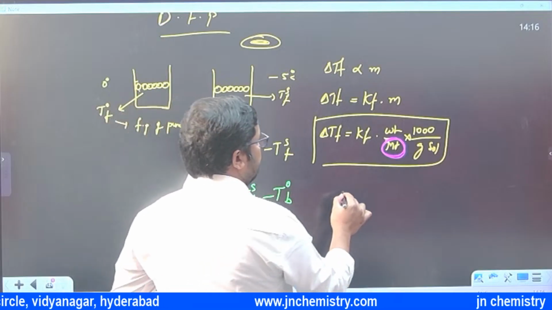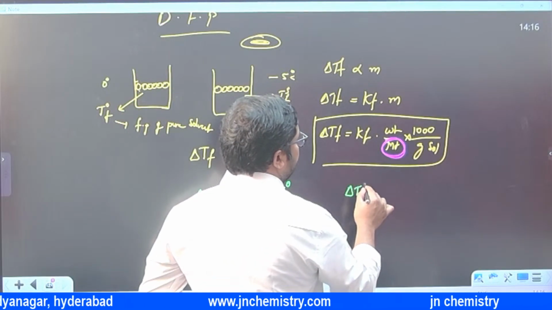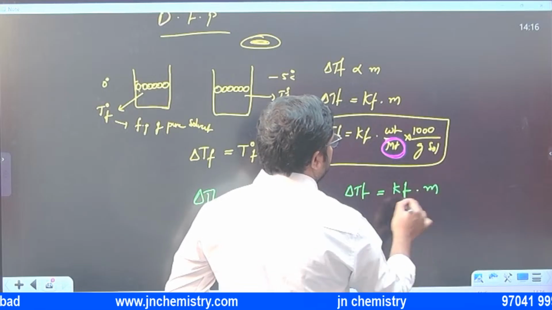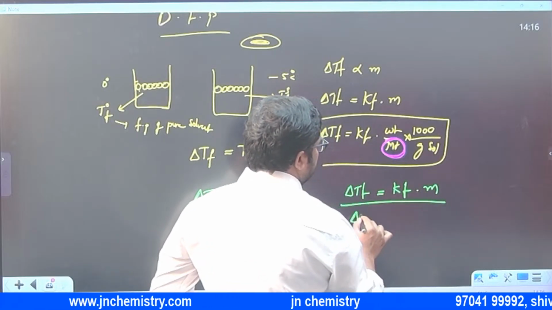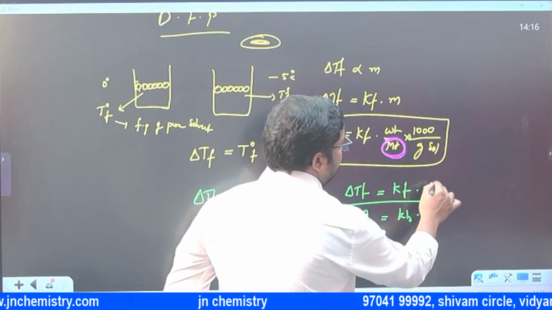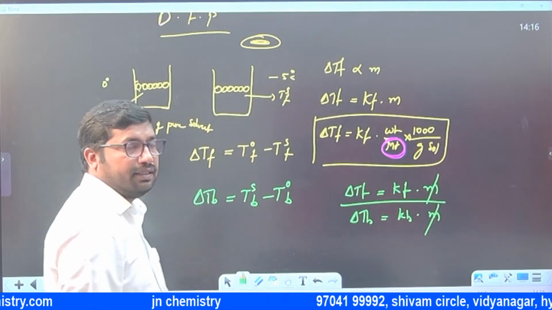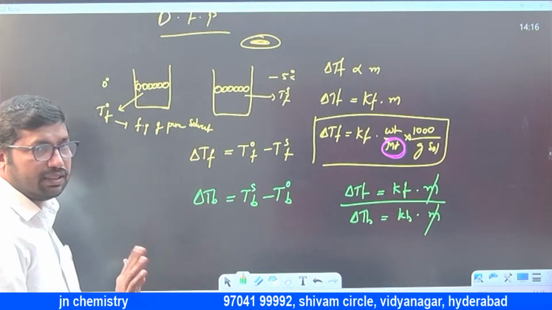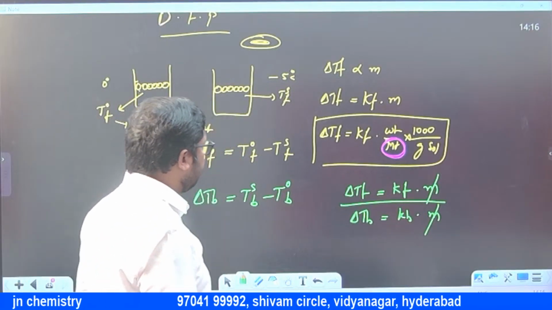And see now, delta TF is equal to KF into m, delta TB is equal to KB into m. The m's cancel, right? Delta TF by delta TB is KF by KB, also we can take it. So later you can do that.